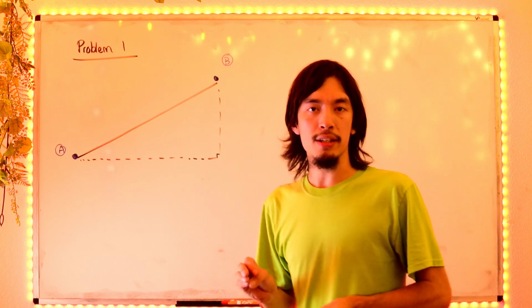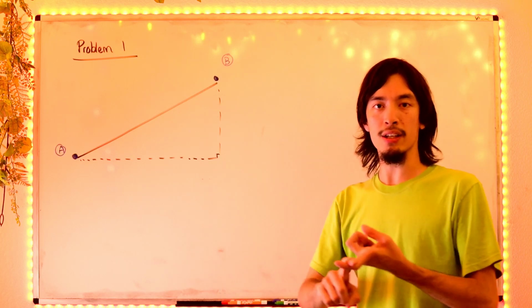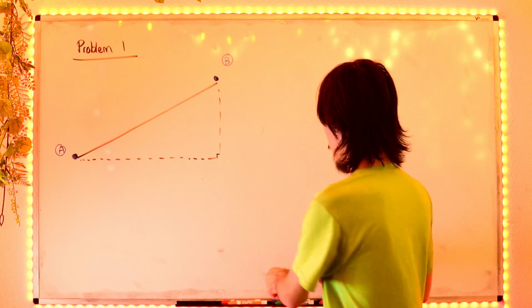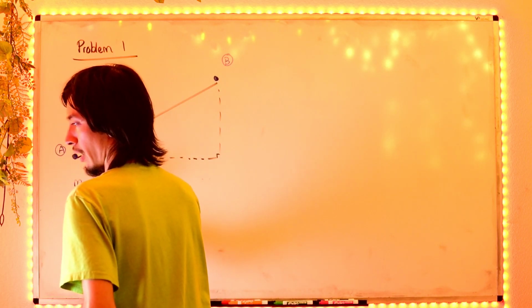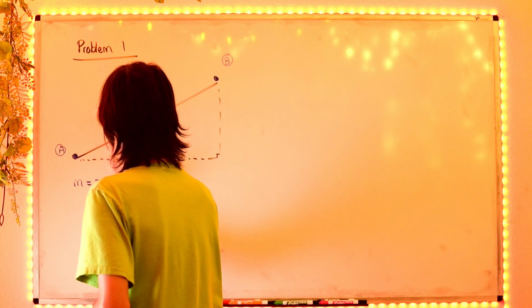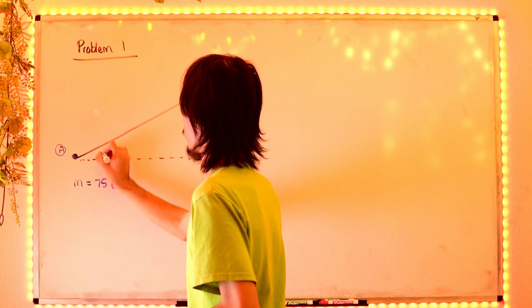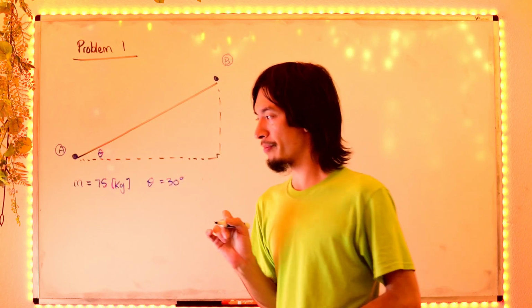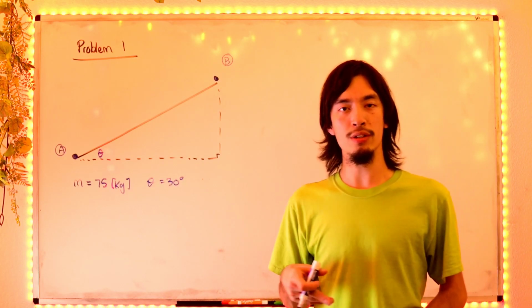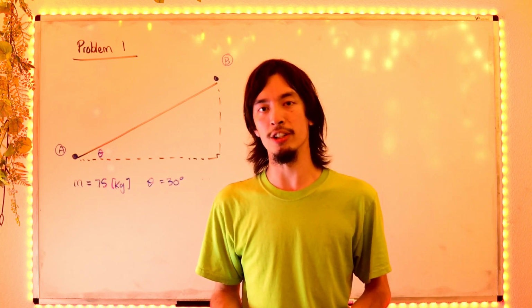Now we know that this person has a mass of 75 kilograms, so I'll write their mass: 75 kilograms. We know the angle of the incline to the horizontal, theta, which is 30 degrees in this problem. And we also know that they walk the path for 200 meters.